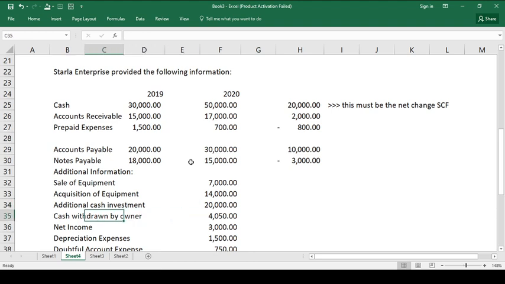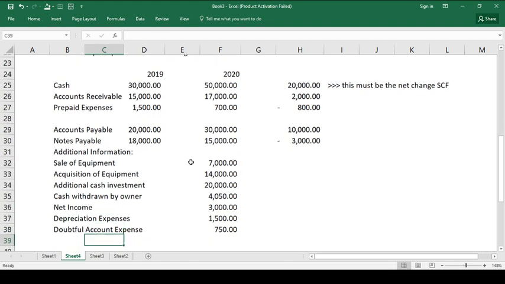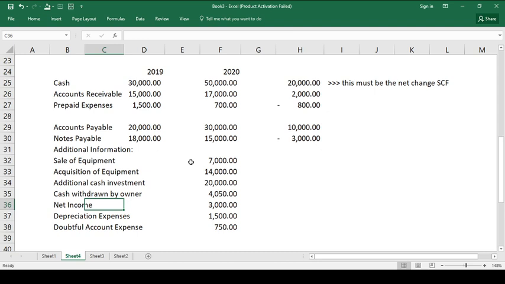And the owner withdrew 4,050 from the company for personal use. And then the problem also provided us the net income of 3,000 for the current period and a depreciation expense of 1,500 and a doubtful account expense of 750.